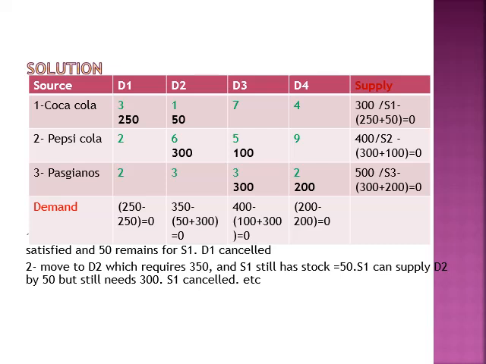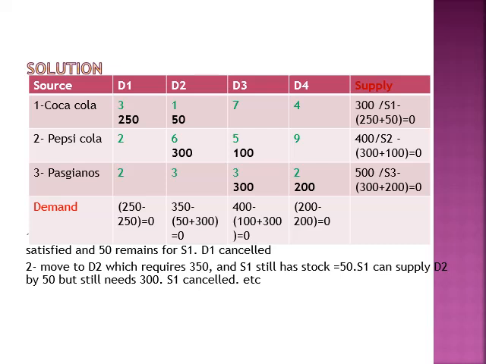So Pepsi Cola can satisfy D2 with its 300. The summation, 50 plus 300, is 350. The remaining stock for Pepsi is 100. Pepsi Cola gives D2 300. The remainder is 100.